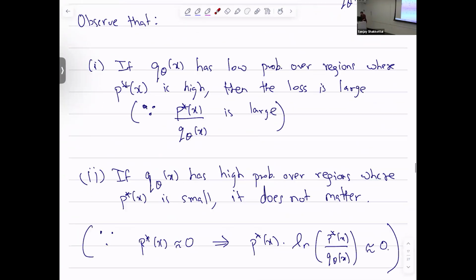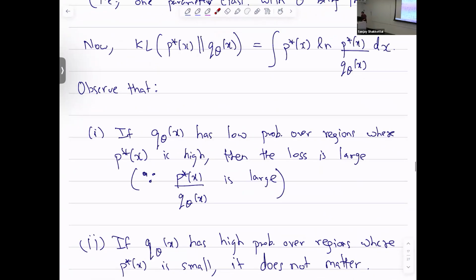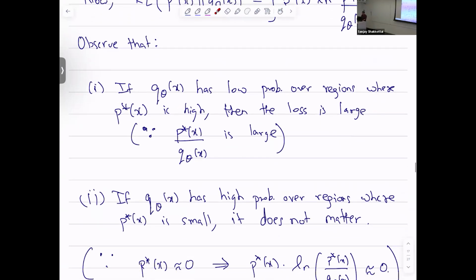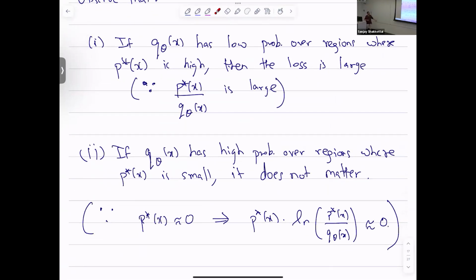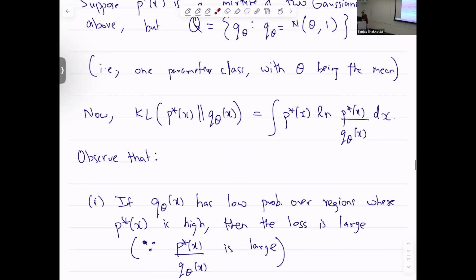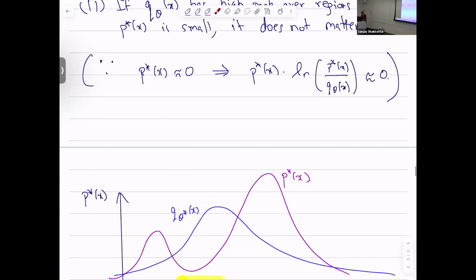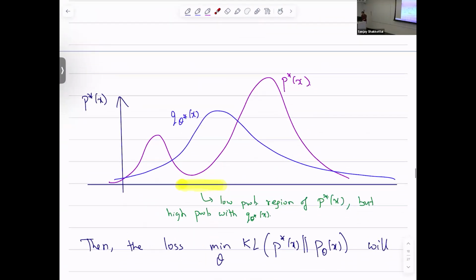On the other hand, if Q theta has a very high probability over regions where P star is small, it doesn't matter. Because P star is small, the integral doesn't care, as long as P star is small, it doesn't matter what Q theta is doing. Okay. So this divergence, a forward divergence, will push to this kind of a solution.